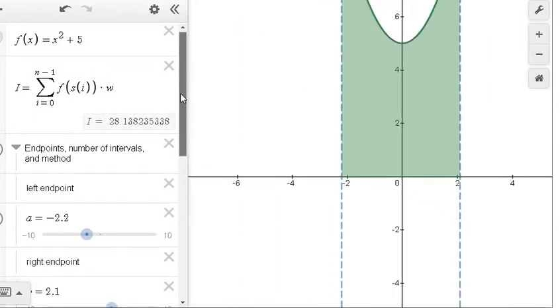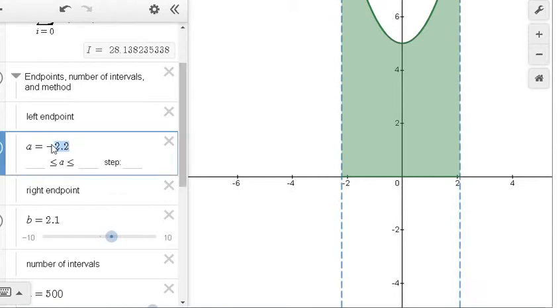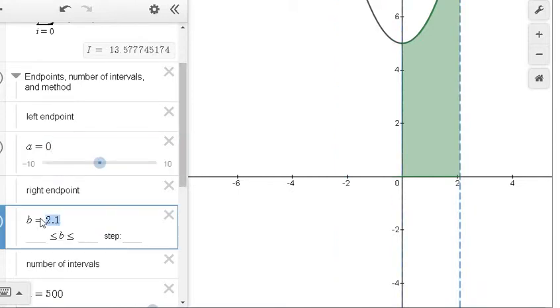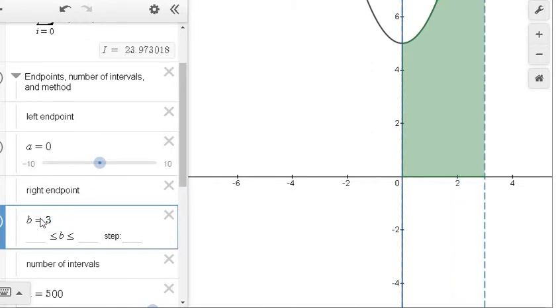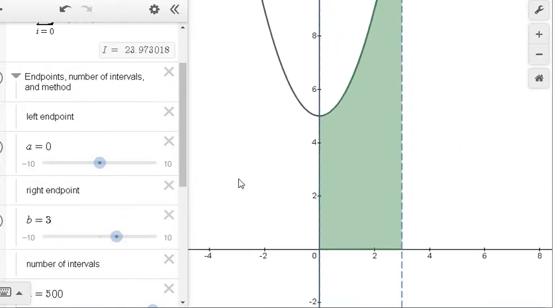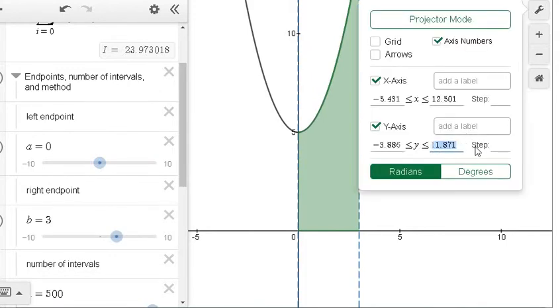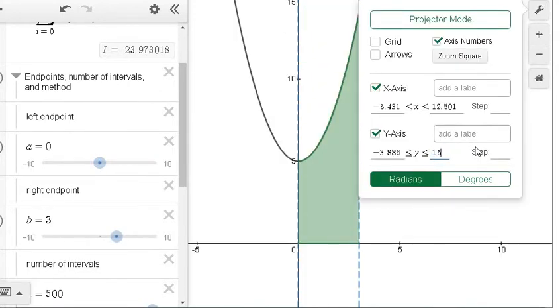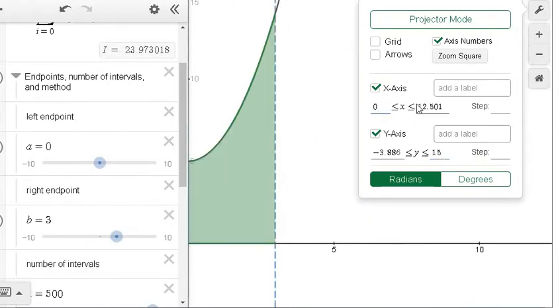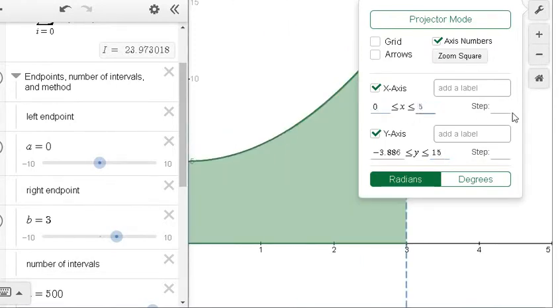And I want to find the area there between 0 and, what was it, 3? 3 is the upper limit? Yeah. So basically, this is what I'm looking for. This area right there. It's 15 and 0, 5.